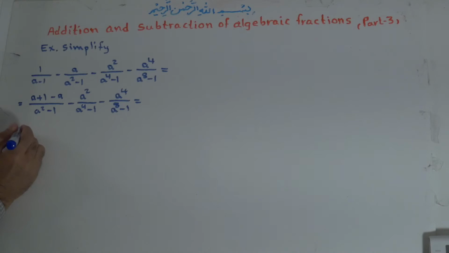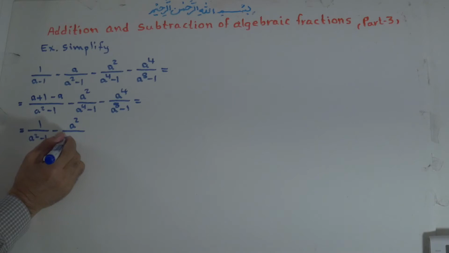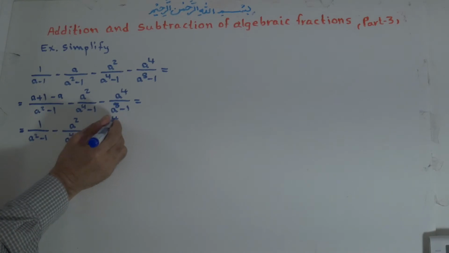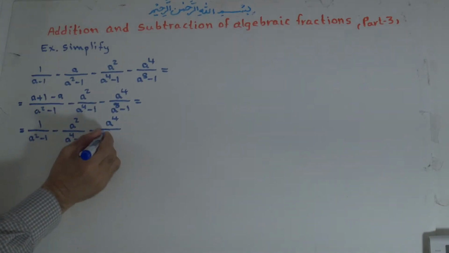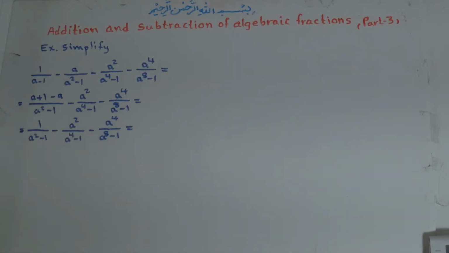It is equal to a will cancel with the negative a, so here remaining 1 over a to the power of 2 minus 1, minus a to the power of 2 over a to the power of 4 minus 1, minus a to the power of 4 over a to the power of 8 minus 1.